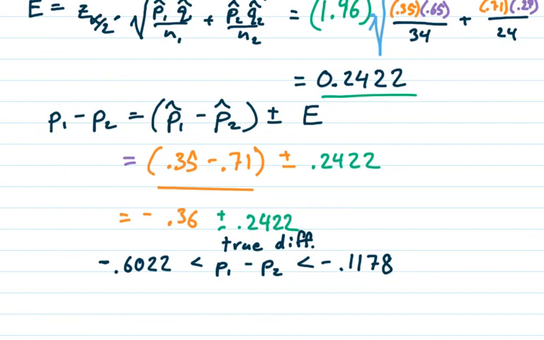Okay, so we found that if you take the proportion that are vaccinated at this low rate out of the small nursing homes, and you compare that to the proportion for large nursing homes, that is going to be anywhere between negative 60% and negative 11, 12-ish percent.